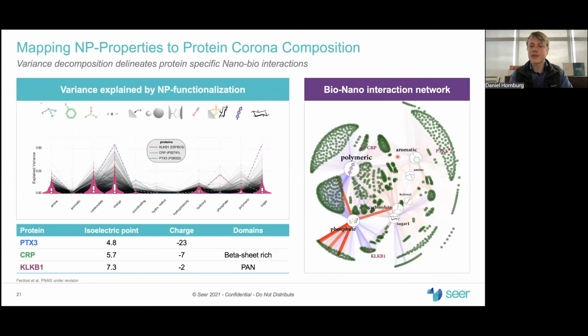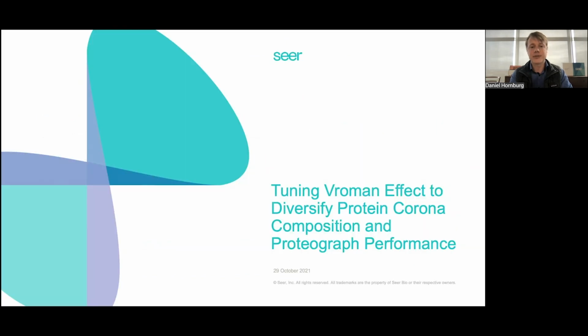And we have some proteins, for example, that are driven by aromatic functionalizations and polymeric functionalizations, and some proteins that are exclusive to some of these functional groups. So that gives us a machine learning way to further optimize and engineer nanoparticles to, for example, be focusing on a particular subset of proteins and protein families in the engineering process.